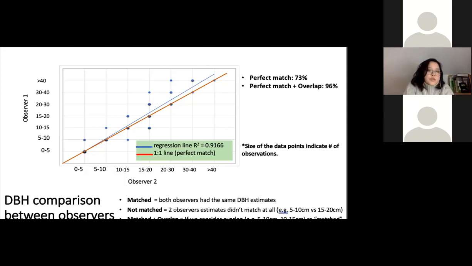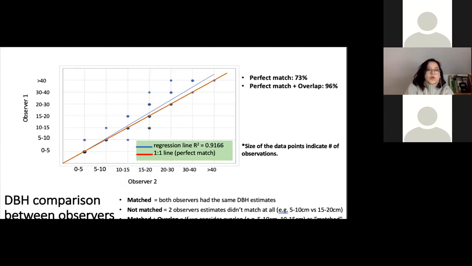So there was a 73% correct match between the observers, while 27% didn't match. However, we realized the DBH ranges we used overlapped, which could explain some of the mismatch. For instance, for the ranges 5 to 10 centimeters and 10 to 15 centimeters, it's possible for a match since 10 is included in both ranges.